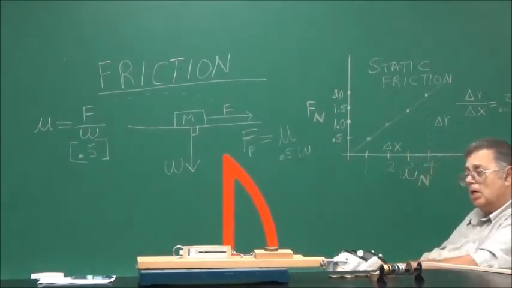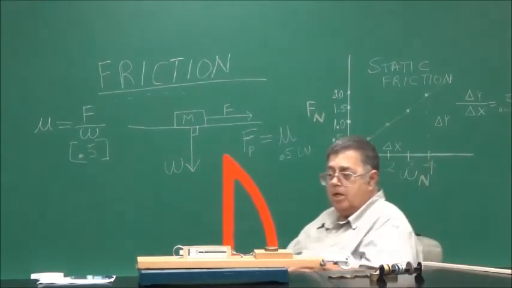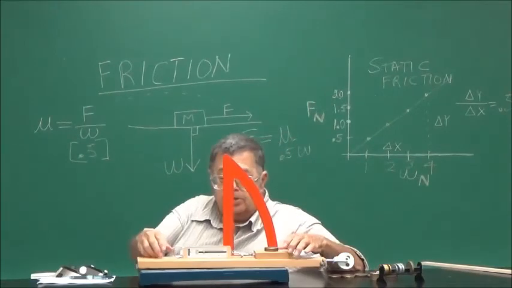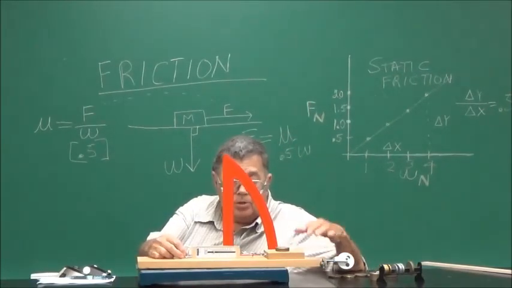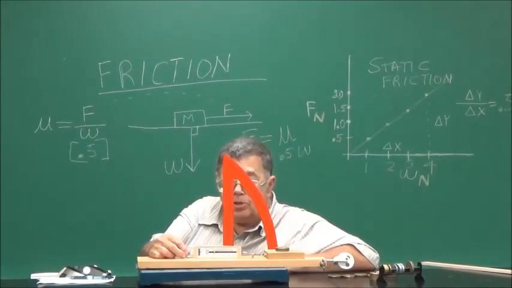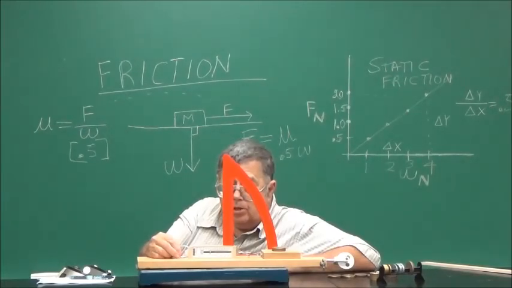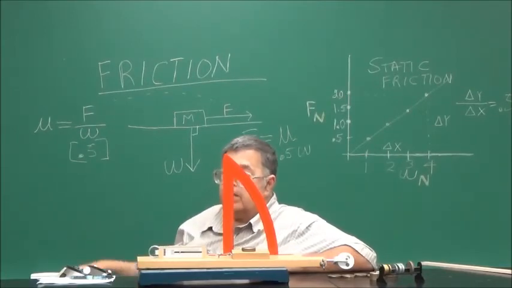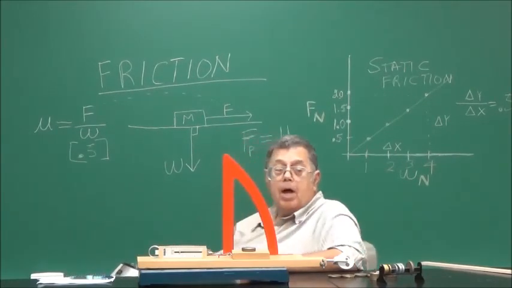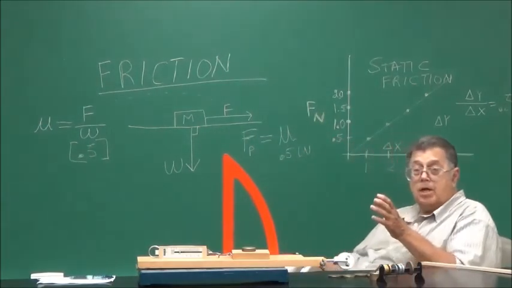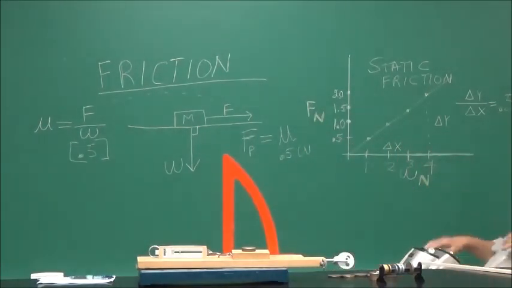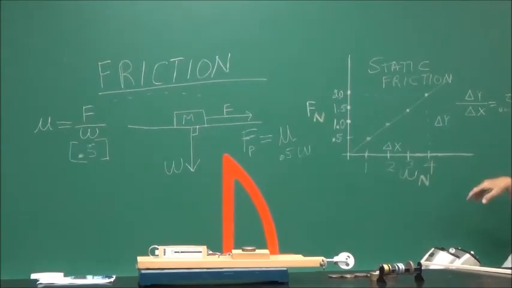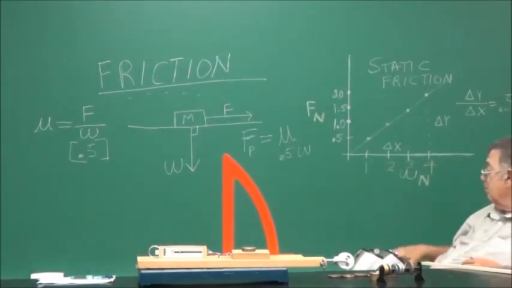Now what about sliding friction? Sliding friction is measured with the same apparatus, the same variable weights, yet what you would do is just wait until it goes at a constant rate. You'd get it going and just keep it going at a constant rate. You would then make a new data table and replot this graph so that you would get a new coefficient.